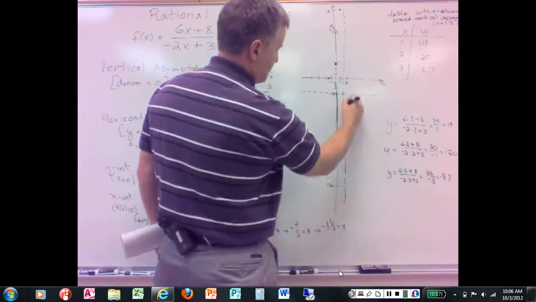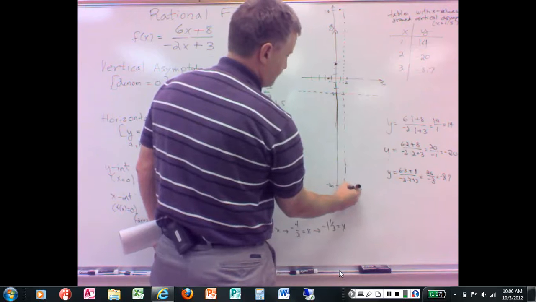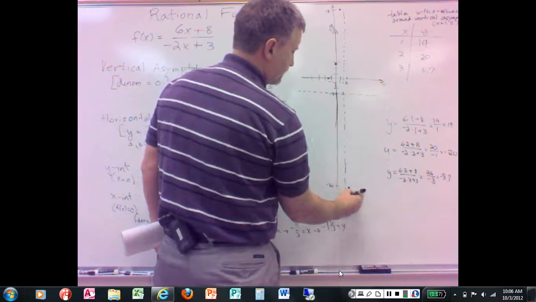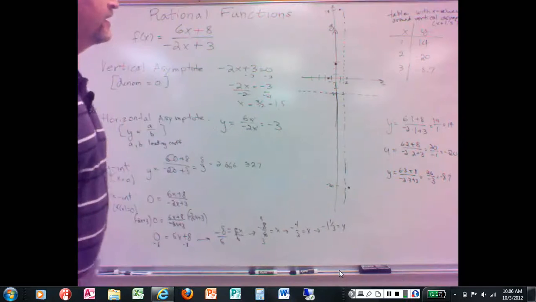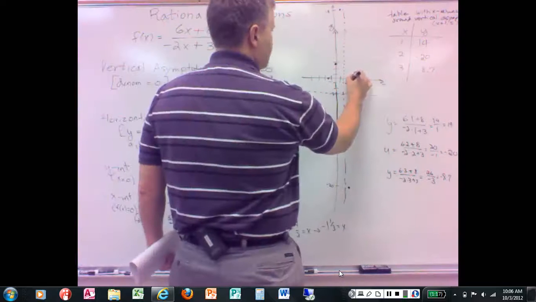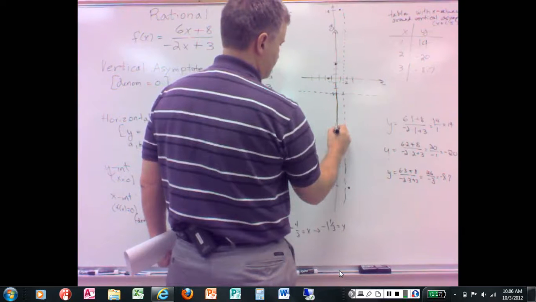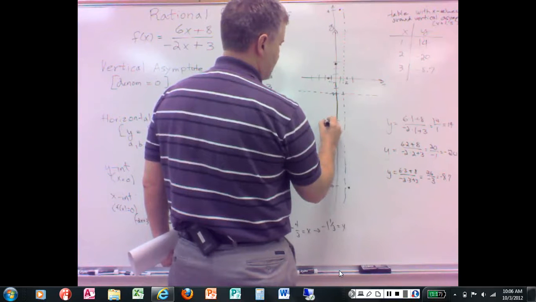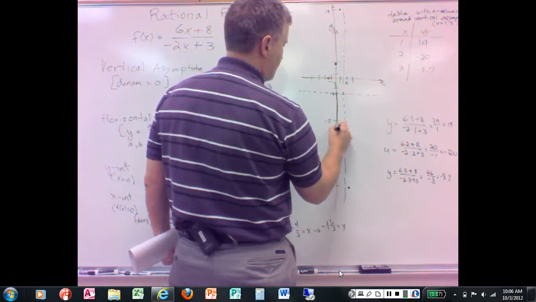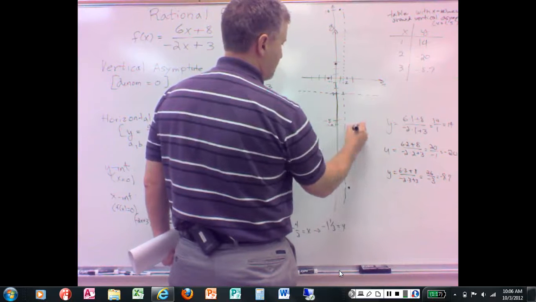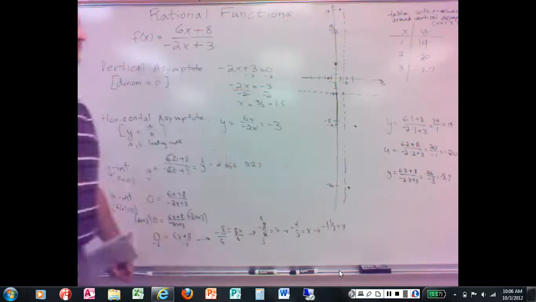But note it's on the other side of the vertical asymptote, the vertical line. Then at 3, I'm at negative 8.7. So let's say that's negative 8, and that's negative 9, so it's right about there. With me? Okay.